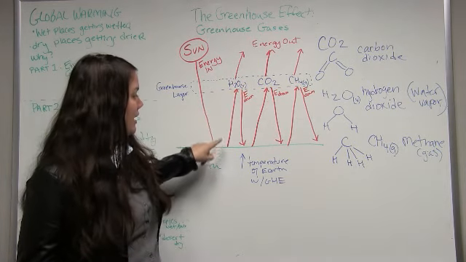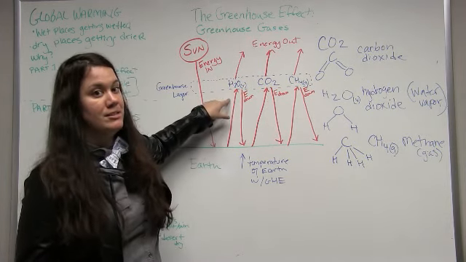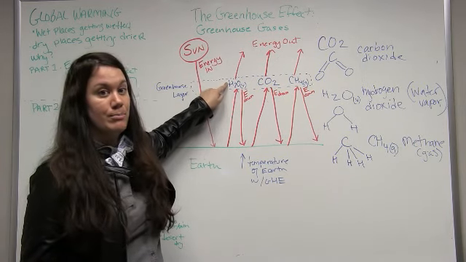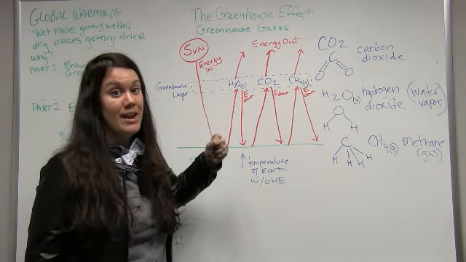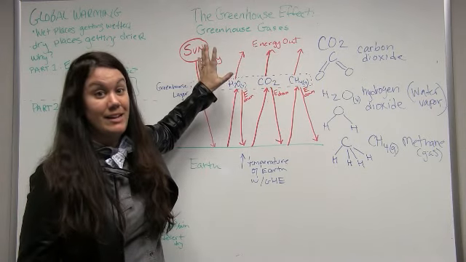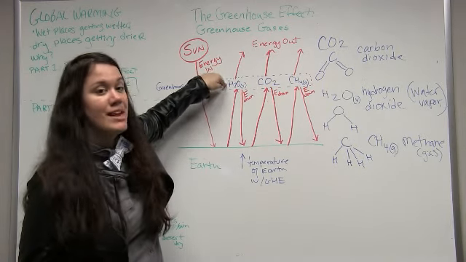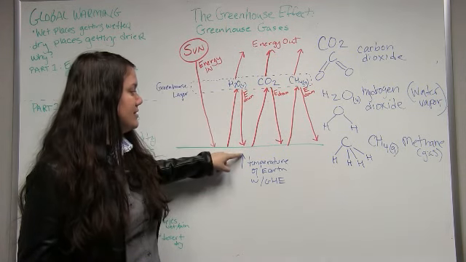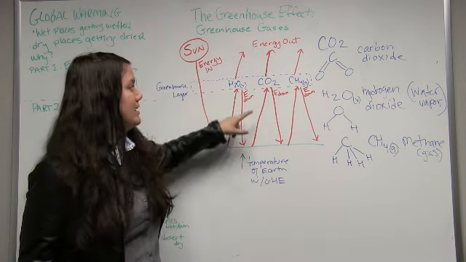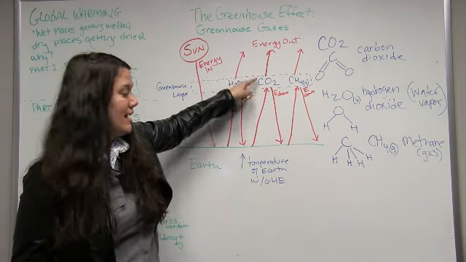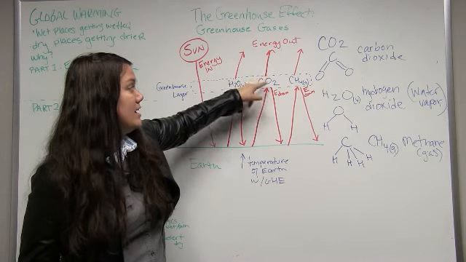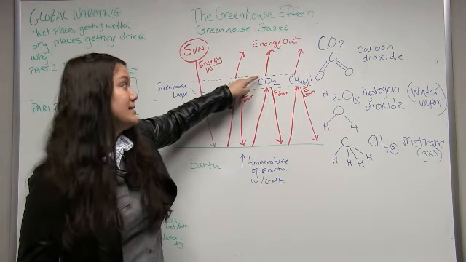So that's what I'm showing here, is that here's one piece of energy being released from the earth, and this water vapor is able to absorb that energy and then release it in different directions. So some of that energy is going up out to space, but some of that energy is coming back down to Earth. Same thing with carbon dioxide: the energy that is released from the Earth is absorbed by the carbon dioxide.